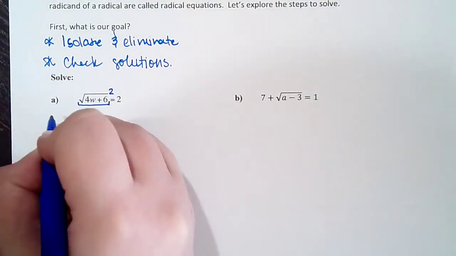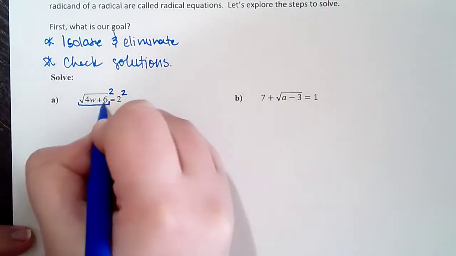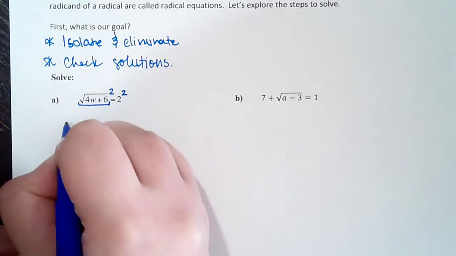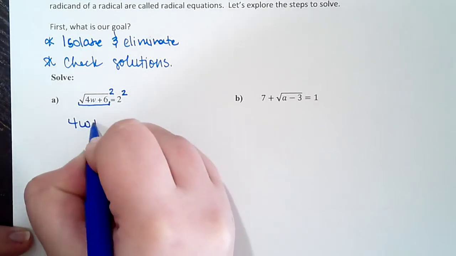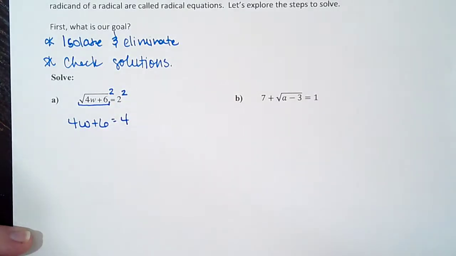But whatever you do to one side, you must do to the other as well. Not too tricky. When we take the square root and we square it, we're left with 4w plus 6 equals 2 squared, which is 4. That's all that is. That's all solving and simplifying these takes.